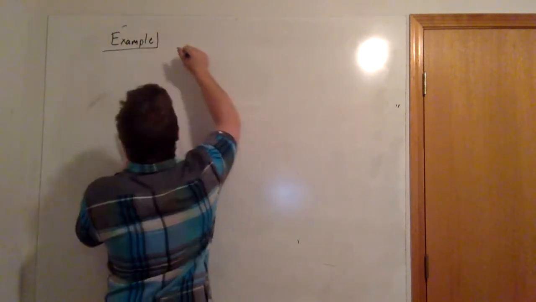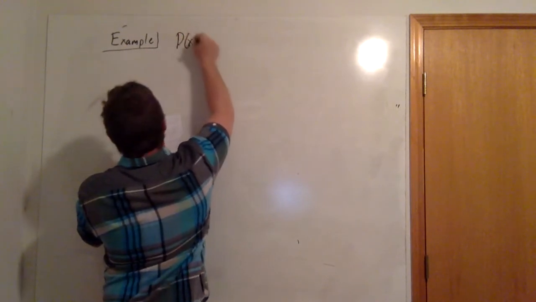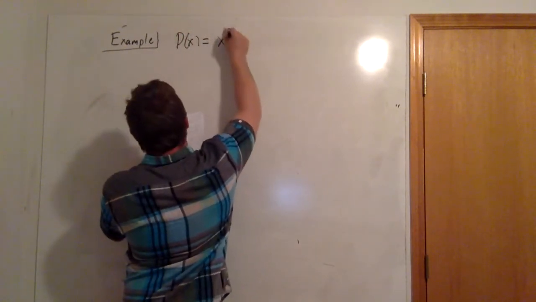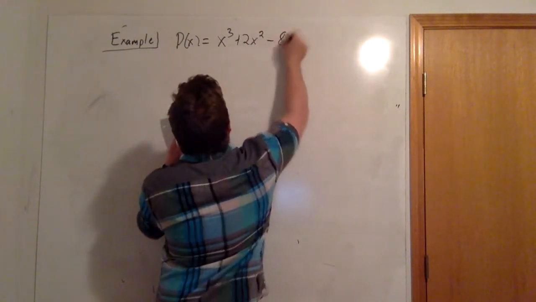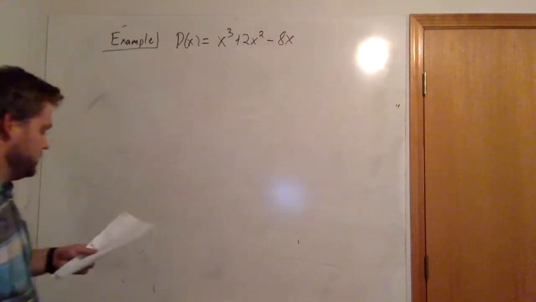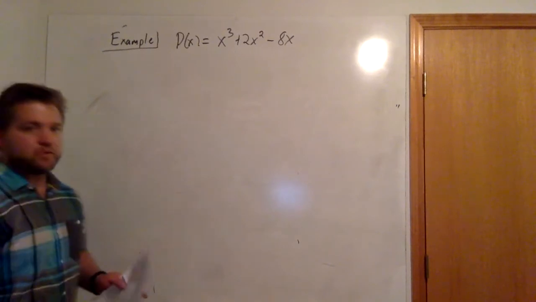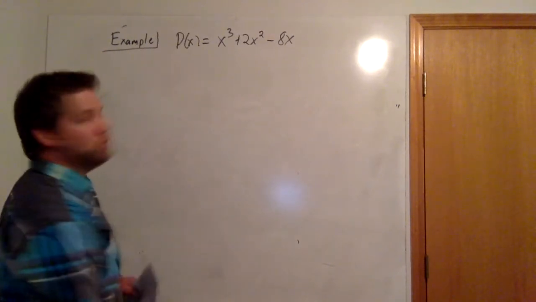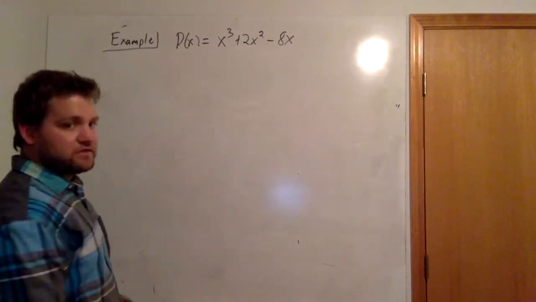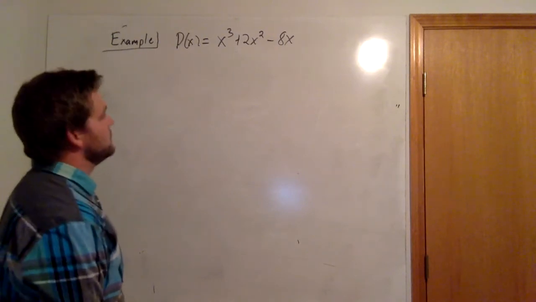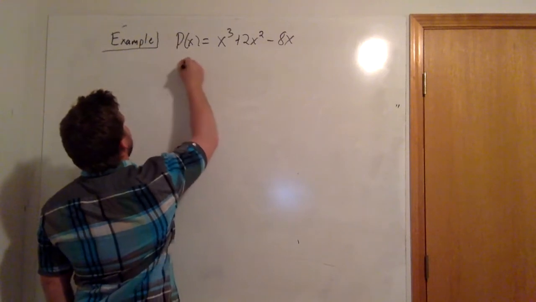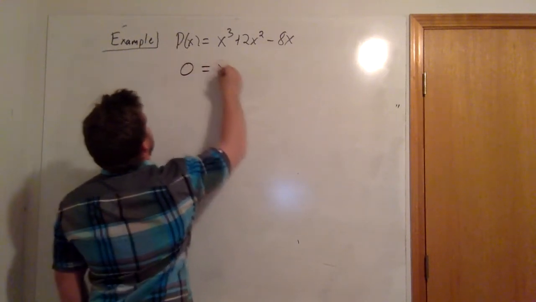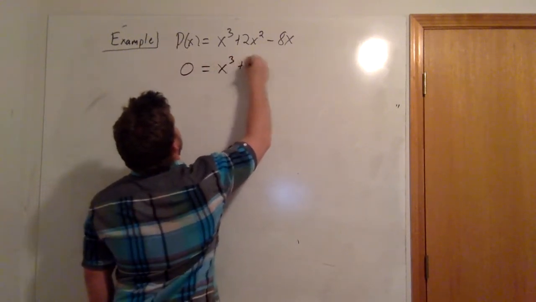Let's say we have the function p of x, which is equal to x cubed plus 2x squared minus 8x. What we're going to do here is first find the roots, or the x-intercepts, or the zeros. So what I want to look for are what values of x give me an output of 0. This is how I'm going to find the roots.